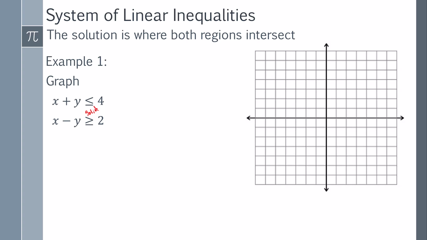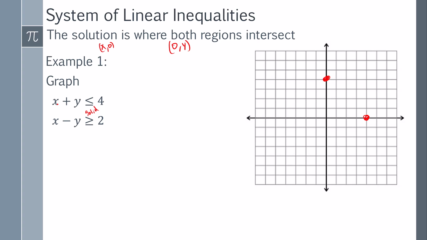Remember, the x-intercept is an x value, but your y is 0. So if I pretended that my y is 0, well, that means x is 4. And so I can put a dot at 4. Likewise, I can find my y-intercept. Remember, for your y-intercept, your x is 0. So if I pretended my x is 0, I get y is 4.